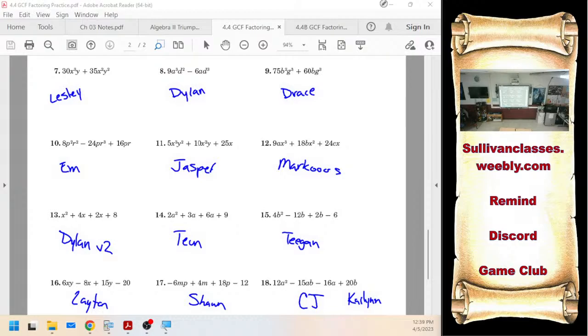Okay. So what times what makes 30? 5 and 6. Okay. 5 is prime, because the only way that you make 5 is with 5 and 1. 6 is not. 3 and 2. So I take this first term and I write it out by all of its factors.